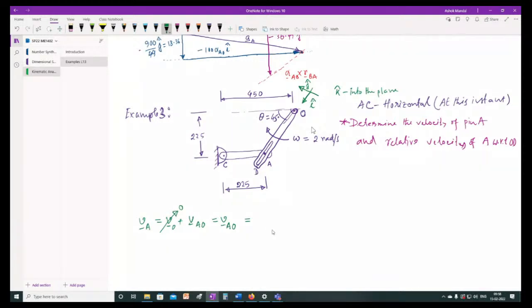Omega OA cross R, the component only. So omega OA is nothing but omega in the K direction.